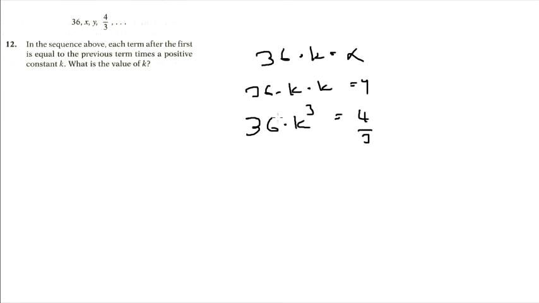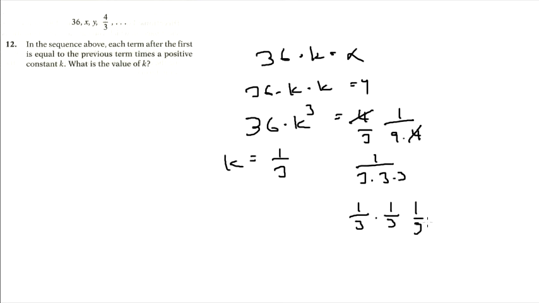So then, if we just get k by itself, we divide by 36, 9 times 4 is 36, which I did because I want to now do that. 1 over 3 times 3 times 3. The 9 here is 3 times 3, which means k is 1/3, right? Because 1/3 times 1/3 times 1/3 equals k cubed. This is the answer here.